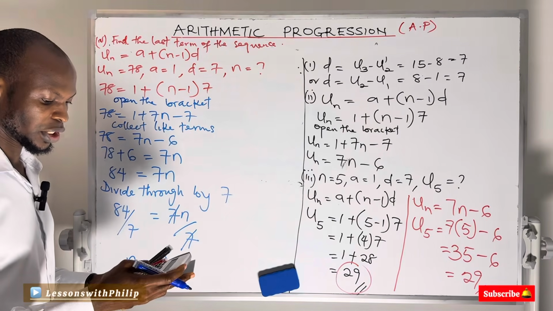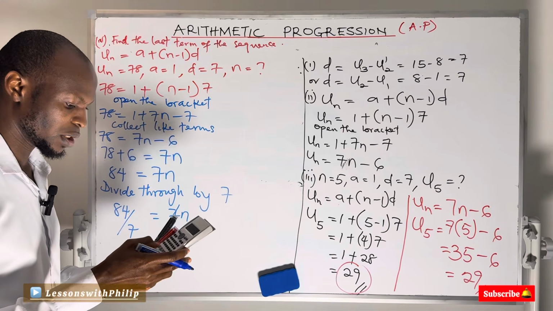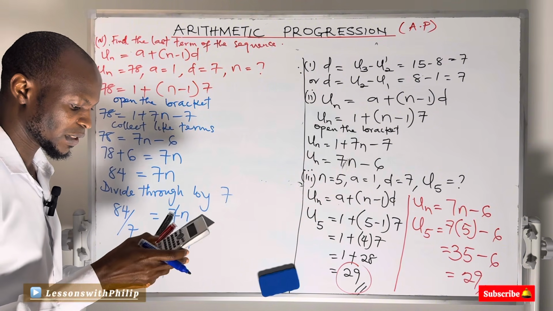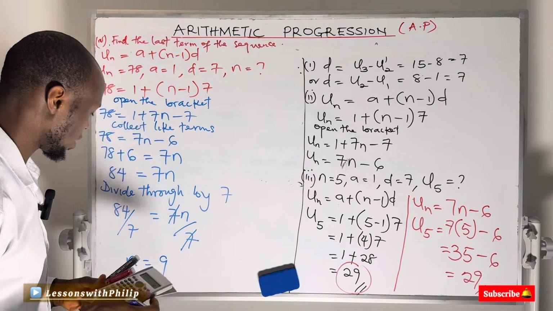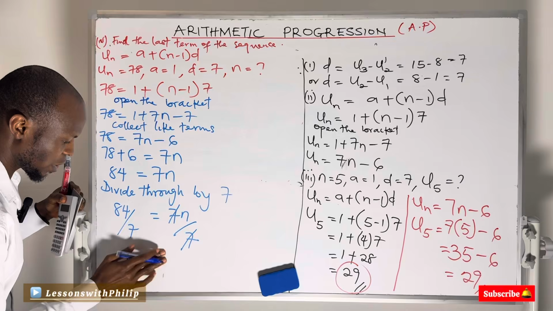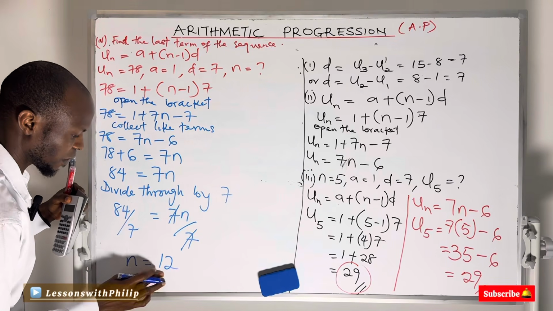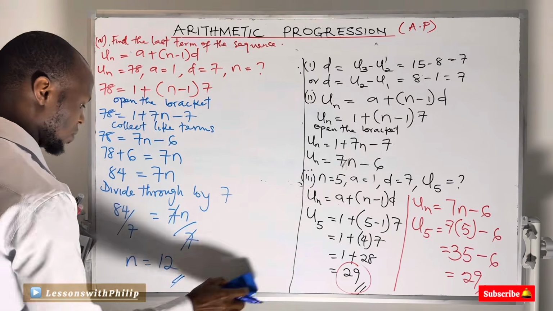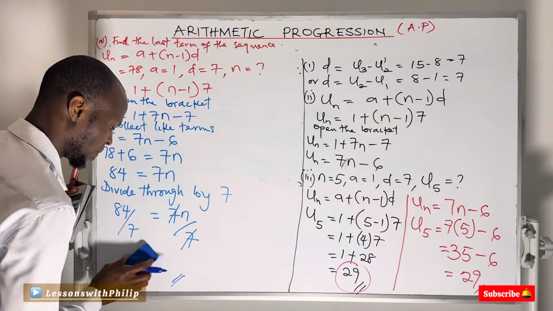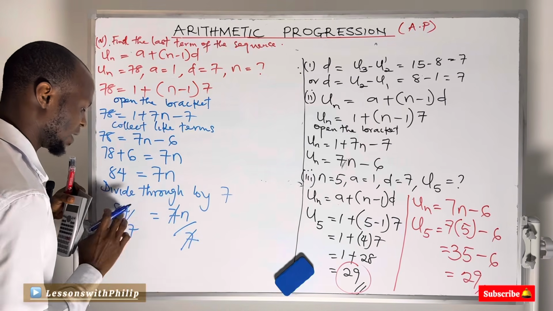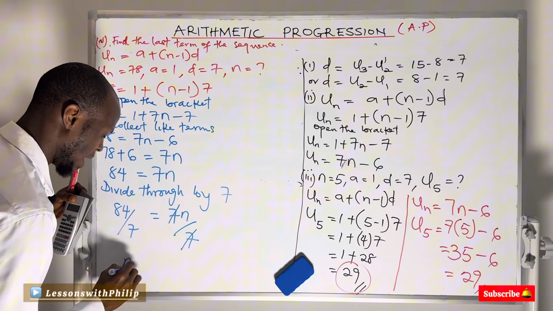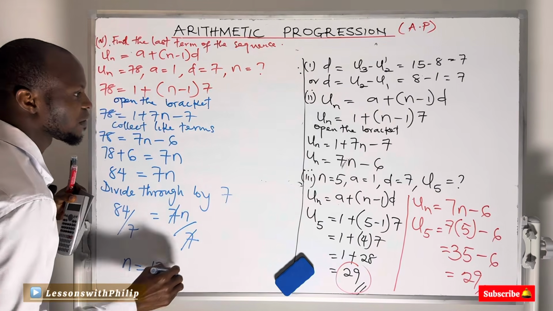Let's check. 84 divided by 7, sorry, that is 12 rather. Your n will be 12. So automatically, if you divide 84 by 7, your n will be equals to 12.